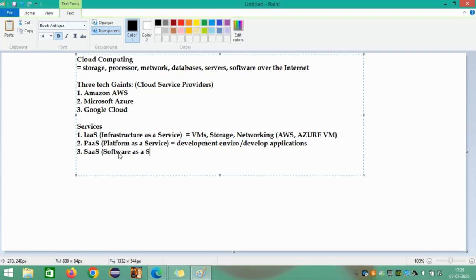Software as a service. Which means you don't have to worry about the VMs, the storage, your networking, your development environment, even the software. You don't even have to create a software literally to work on your task, your everyday events, or your schedules, or any of your tasks. So it is a fully developed software.